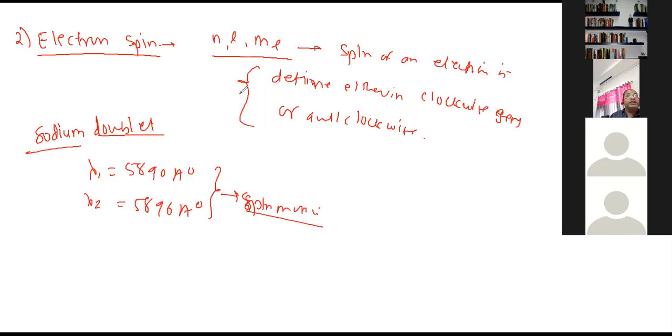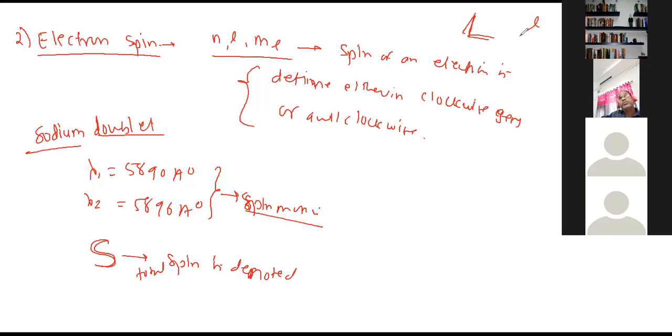So the spin of an electron is denoted by the number called S. This is the total spin of all electrons. Remember, capital S represents the total spin, just like capital L, which is the total orbital angular momentum of all the electrons in a given orbit.